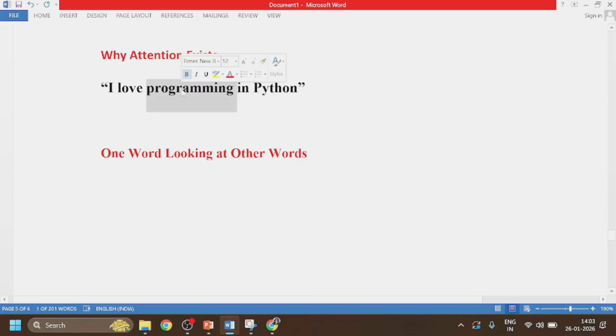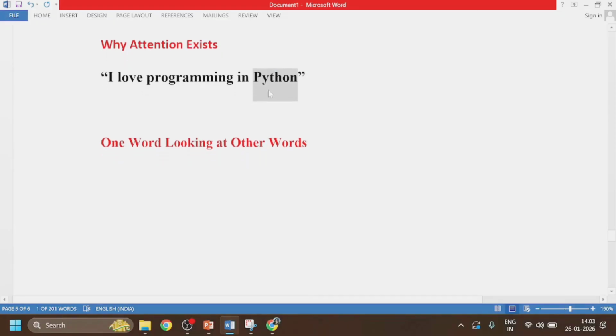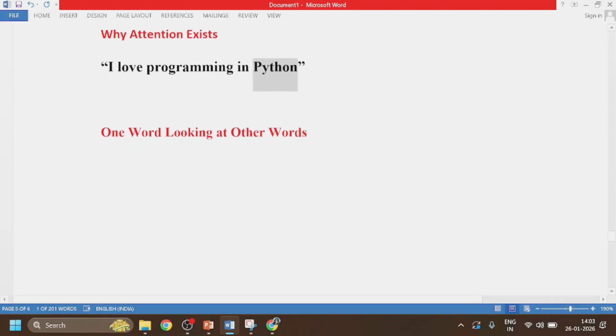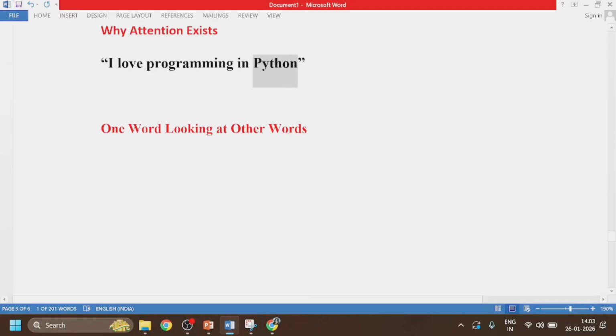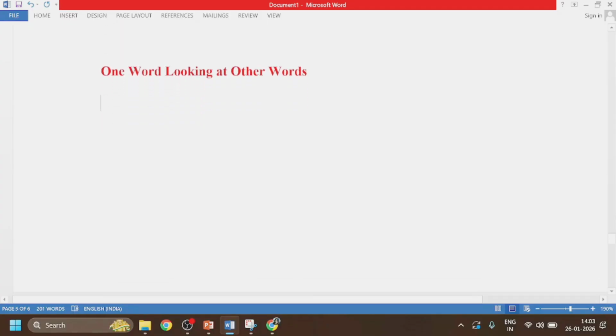This is not understanding, this is just assigning importance. So here one word looks at other words and asks a simple question: which other words matter to me?